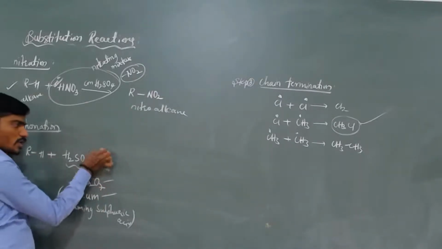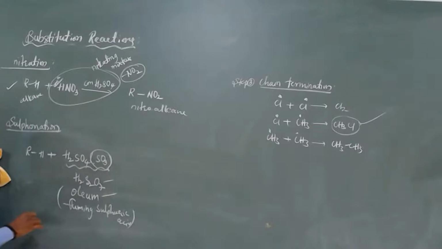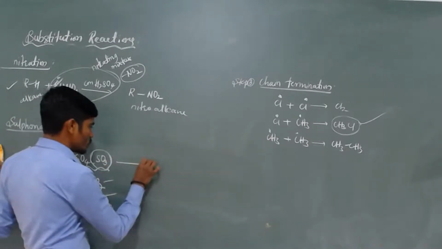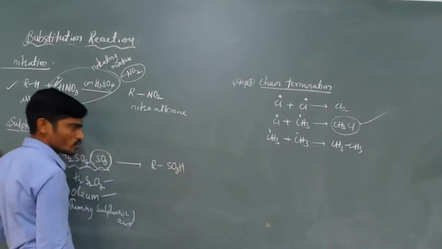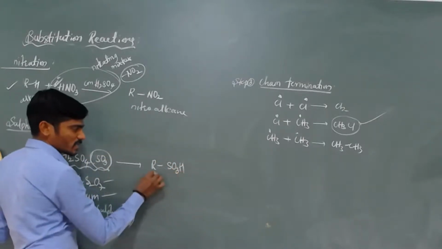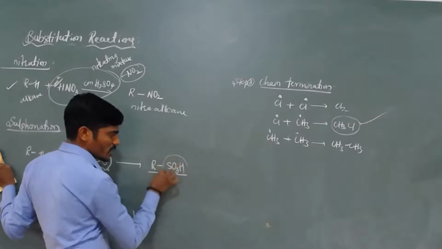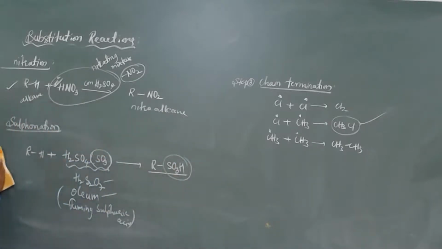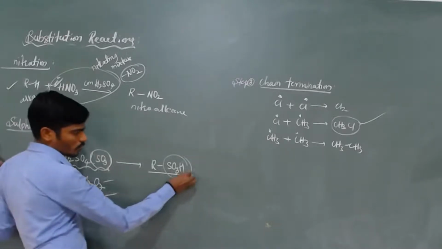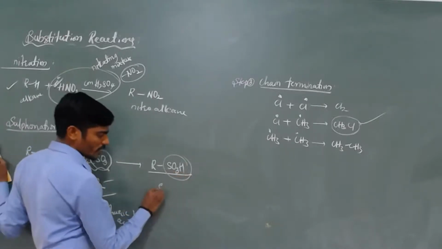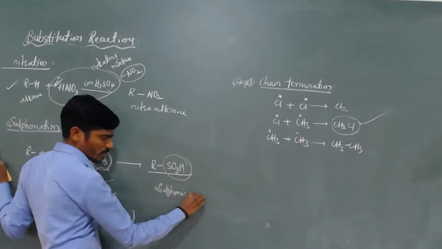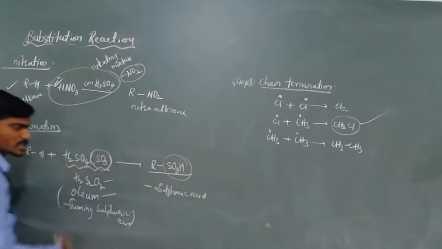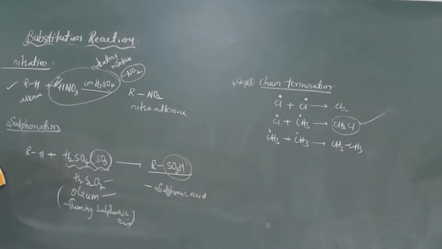So here the SO3H group will be substituted, giving the product with SO3H, the sulfonic acid group. So here the product is an alkyl sulfonic acid, where R is alkyl.